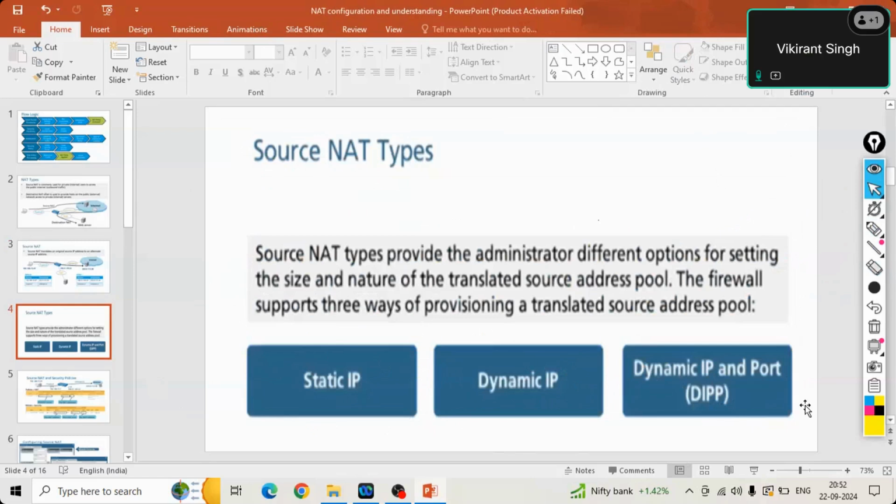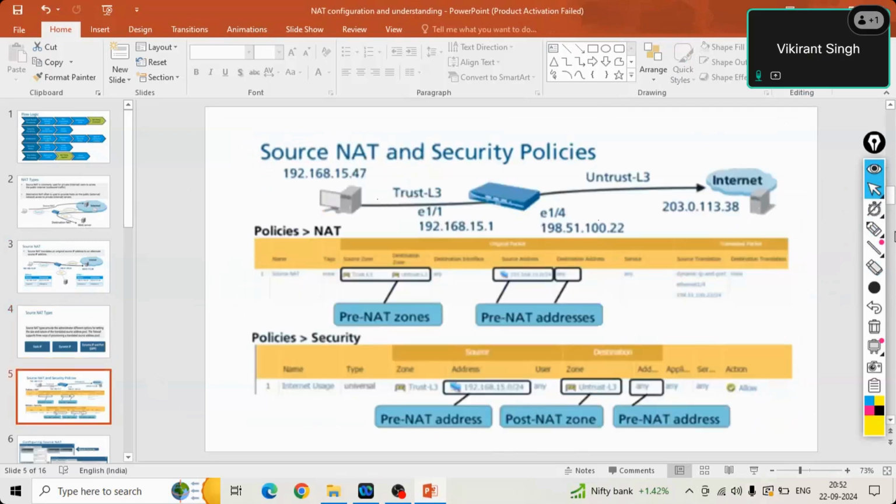Dynamic IP and port, DIPP. I'll show you in the exam. It will not be easy to understand here in the slides. So let me just go back to Notepad and show you some.